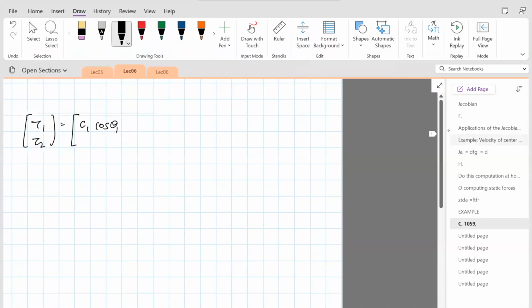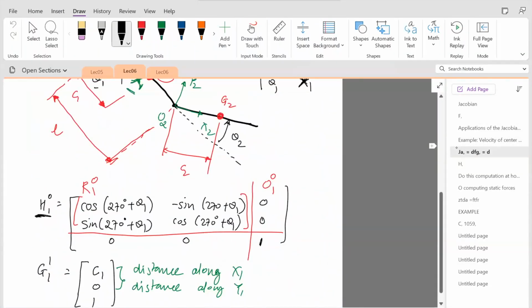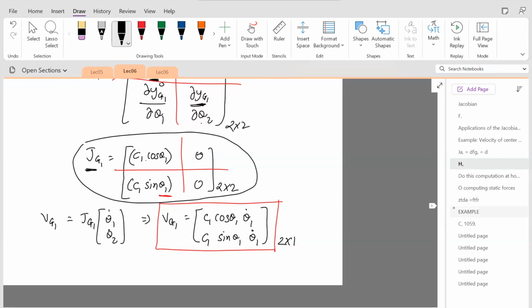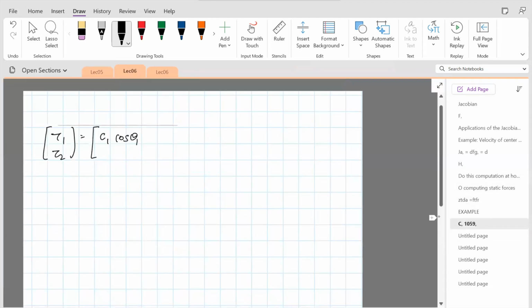Okay, so by the way, this is Jg1. But remember, I need to take the transpose of this. So the first row, first column will become the first row. So I do that directly. I will not really write another step. So c1 sine theta 1, that would be the transpose, 0, 0. Write it down like that.